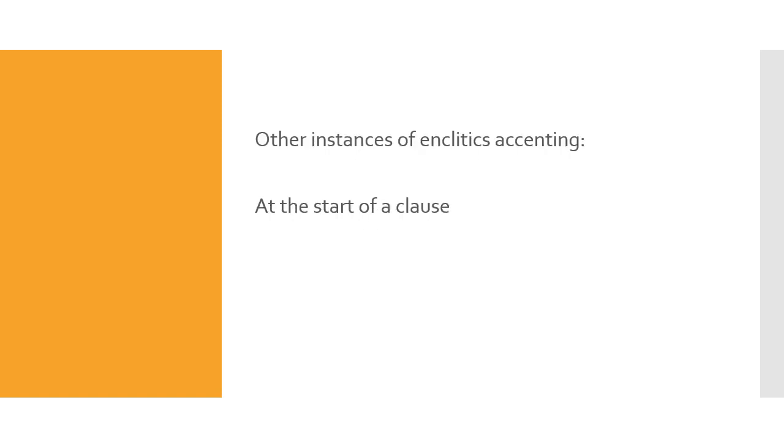There are a few other cases of instances where enclitics accent in slightly unusual ways. Firstly, at the start of a clause, an enclitic will often accent. Phesin ho anthropos. Here, phesin is an enclitic. It starts the clause. It will typically accent upon the second syllable. Phesin ho anthropos.